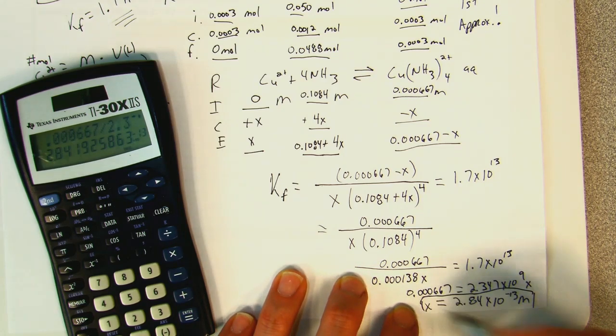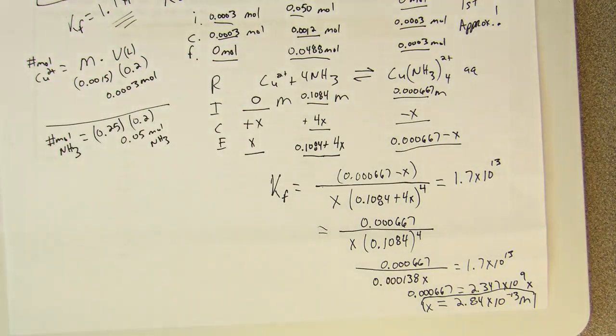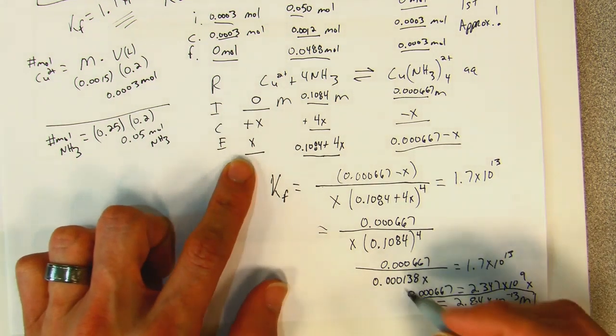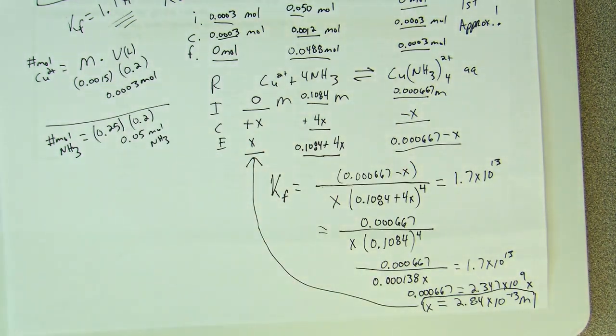So boy, that's a pretty small number, but it's not zero, is it? It's not zero. So now what in the world does x tell us if we were to go back and look at our RICE table? X tells us the concentration of copper 2+ in this solution.